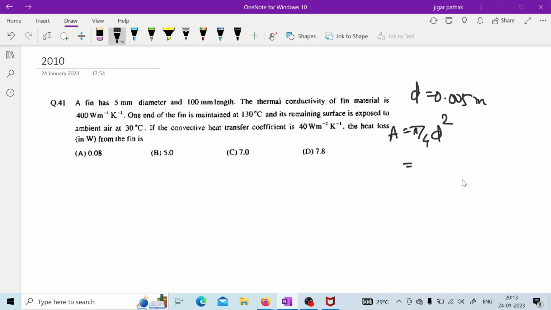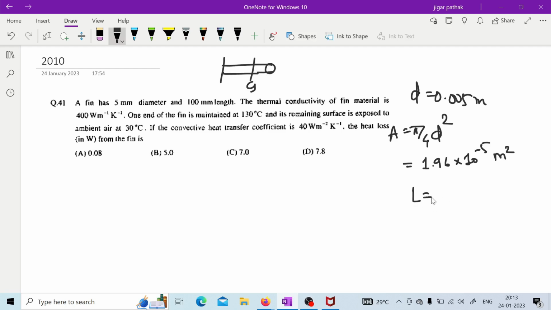Area, can anyone tell? 1.96 into 10 raised to minus 5 meter square. Sir, here which area, outer area or cross-sectional area? Cross-sectional area. This fin will be like this, right? Cross-sectional area. Are you getting? Yes, sir.